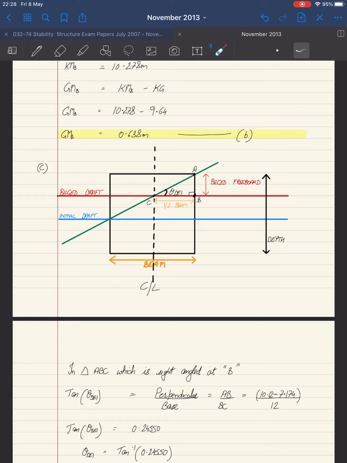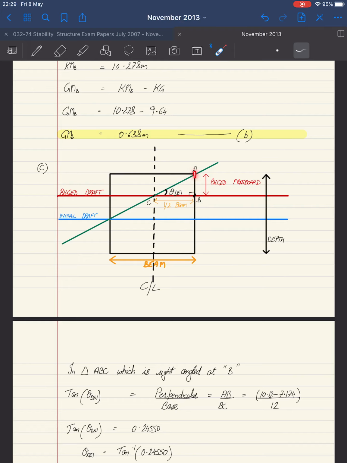Now, when we look at the triangle ABC, which is right angled at B, we can say that AB is nothing but the bilged freeboard, because from here till the bottom is the bilged draft, and from here till the end is the depth of the vessel. So if we subtract the draft of the vessel from the depth of the vessel, we will get the freeboard.